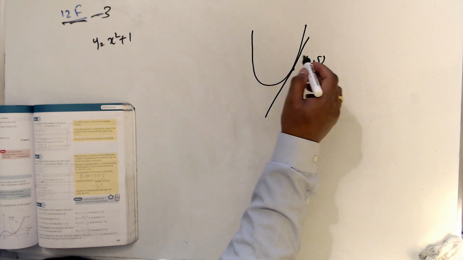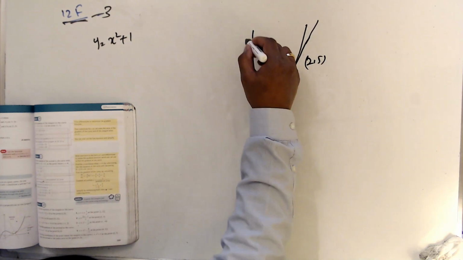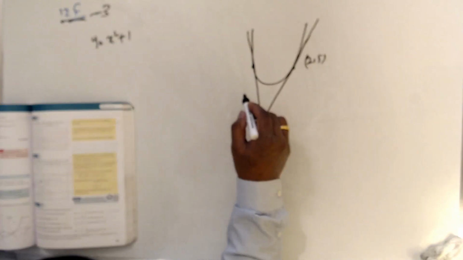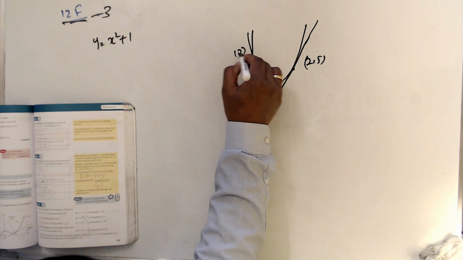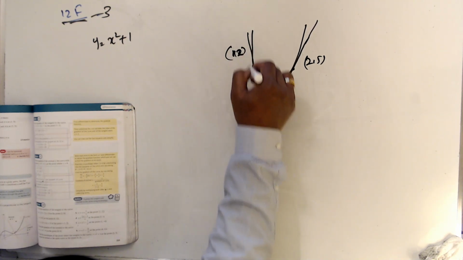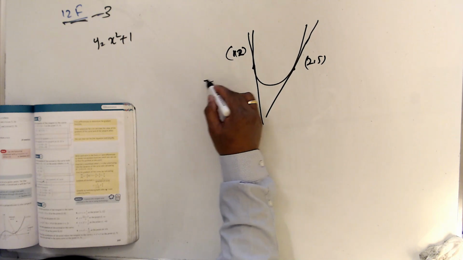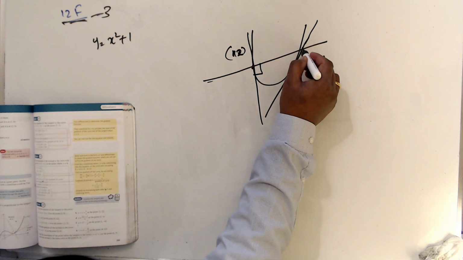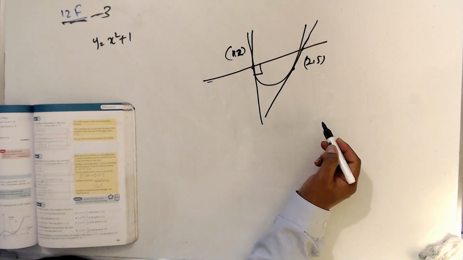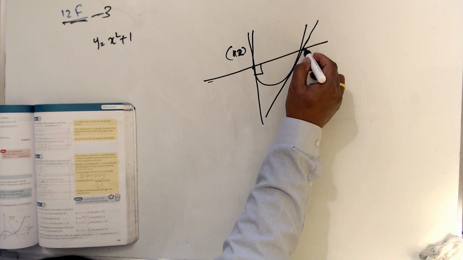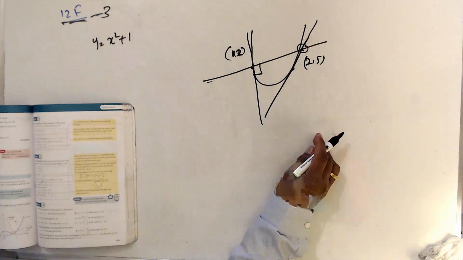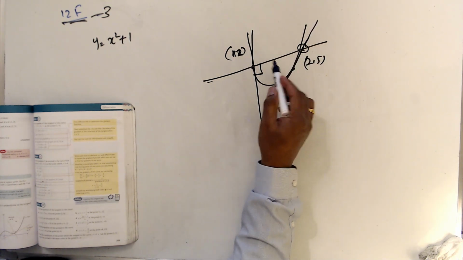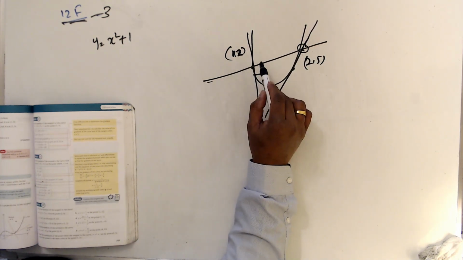And you have another point, this is at (1, 2). We don't need this tangent, we consider this normal. This is 90 degrees. They will meet here. So we need to find the coordinates of this point. This tangent will cross with the normal at (1, 2).